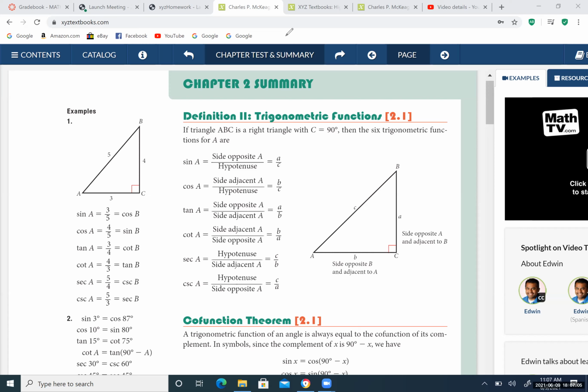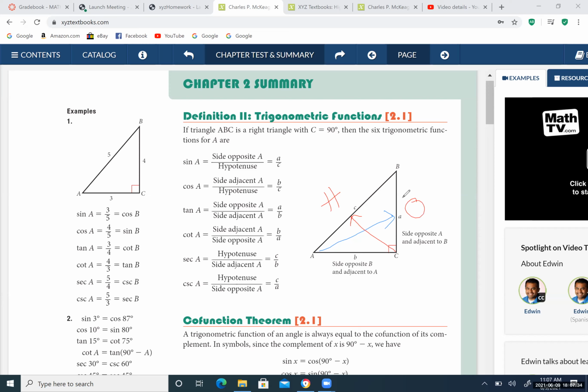And what do we have? Side A is the opposite of angle A. Where is the opposite? This small a. That's the opposite, divided by the hypotenuse. The hypotenuse is the side opposite the 90 degree angle, which I'm going to mark in a different color, which is this. So that will be the hypotenuse, and this is the opposite.